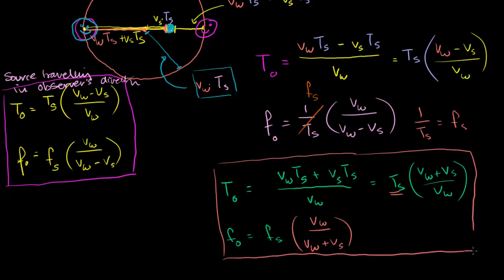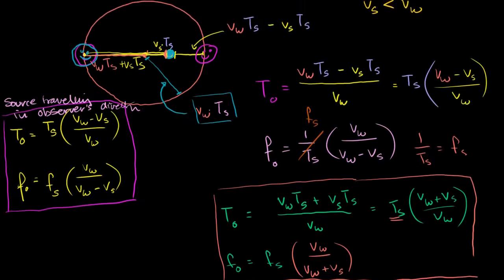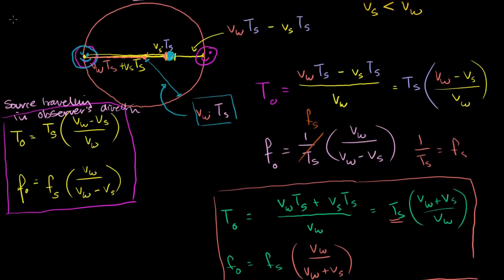And just to check our math and maybe make it a little bit concrete in relation to the video we did where we introduced the idea of the Doppler effect, let's actually apply those numbers. So in that video, 2 videos ago, we had a situation where the velocity of our source was 5 meters per second to the right, and the velocity of the wave was 10 meters per second outward, radially outward.